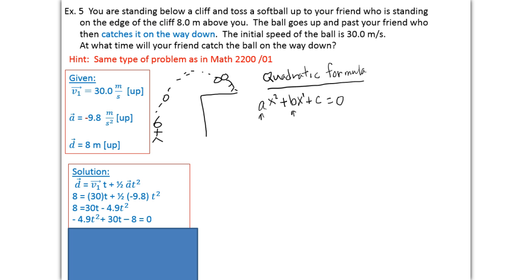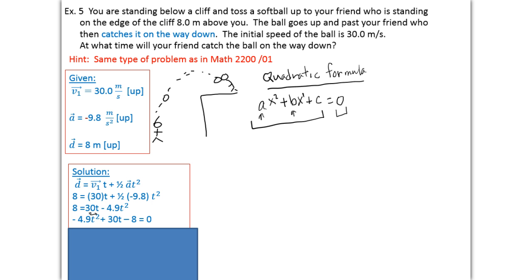Alright guys, if you notice here, everything is all on one side of the equal sign, and there's nothing left on the other side other than 0. So when we come back to the equation, we have to take everything and move it over to one side. You can either move the 4.9 and the 30t over to the left side or bring the 8 over.